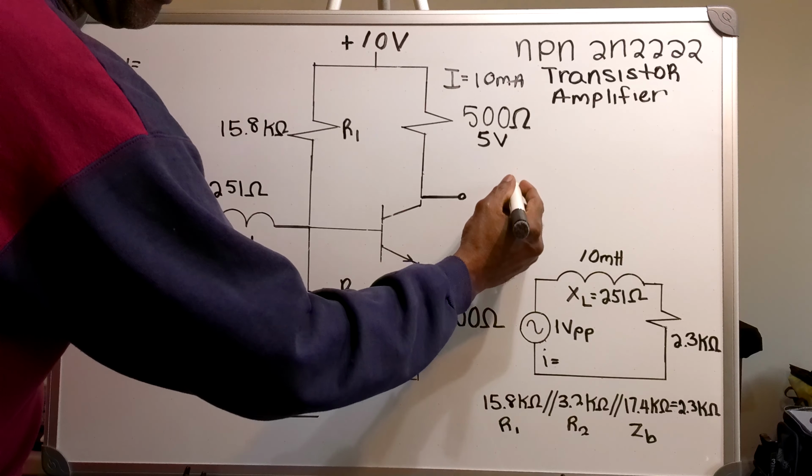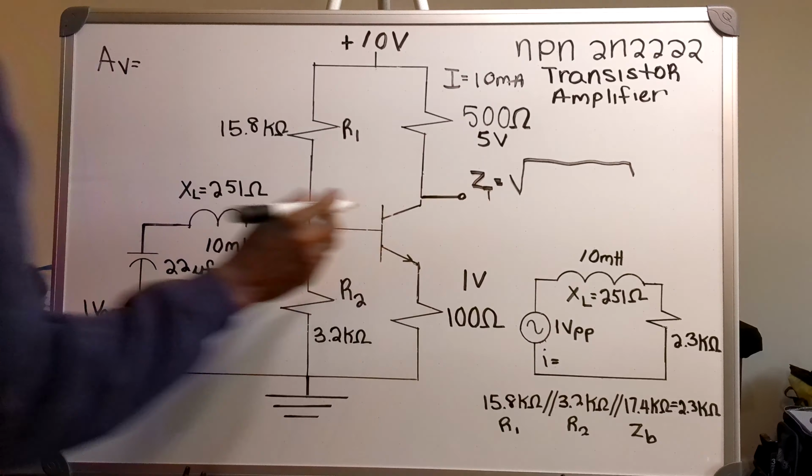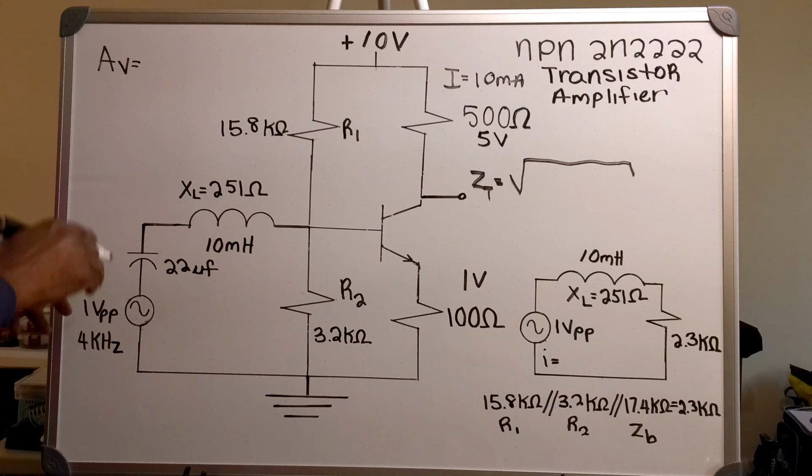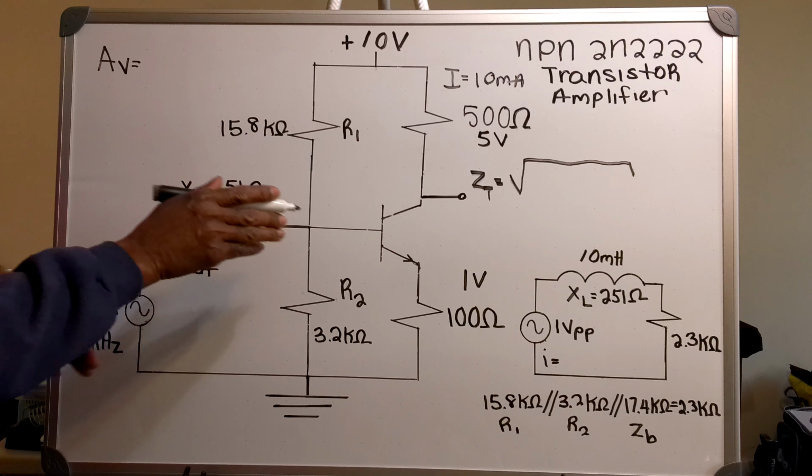Now my total resistance will be Z total. Now that total is what the input sees as it goes into the transistor.